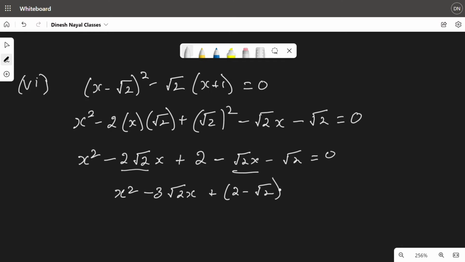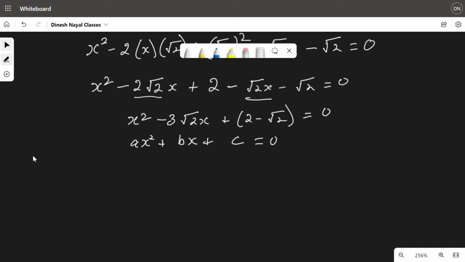This is the constant term. Comparing it with ax square plus bx plus c equals 0, we get a equals 1, b equals minus 3 root 2, and c as 2 minus root 2.